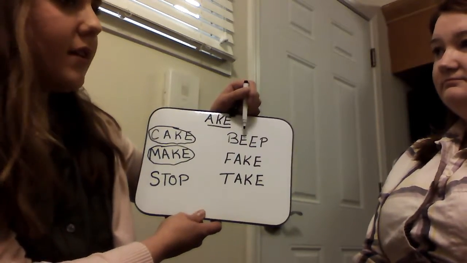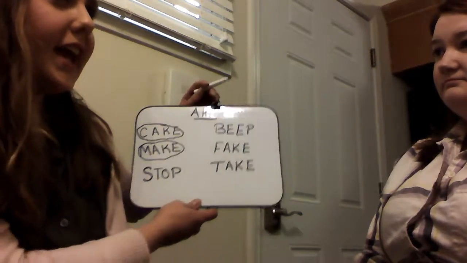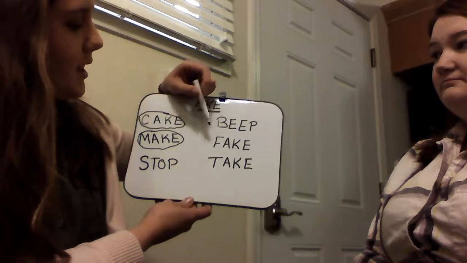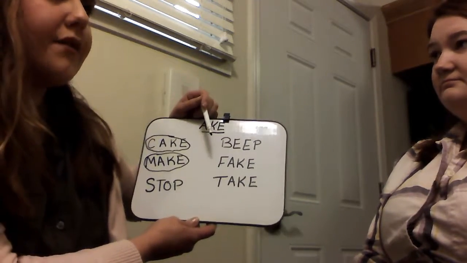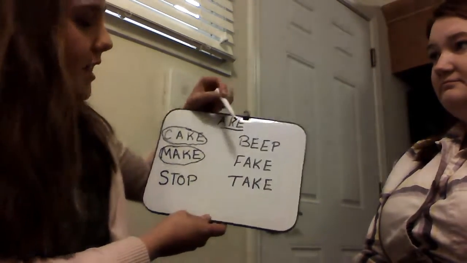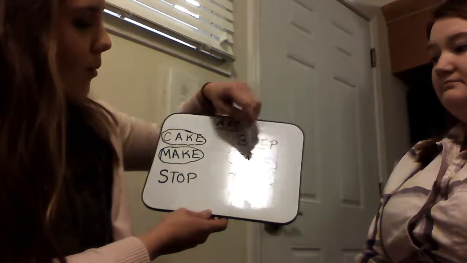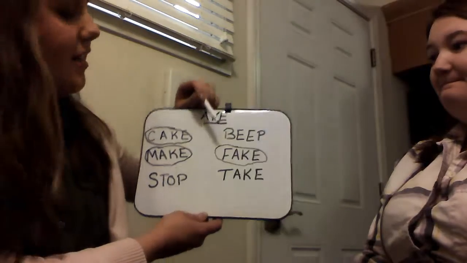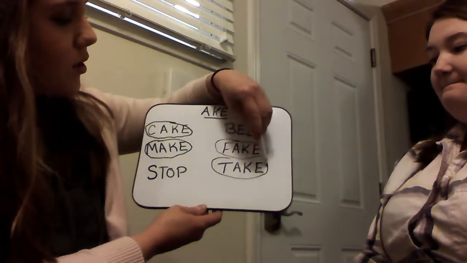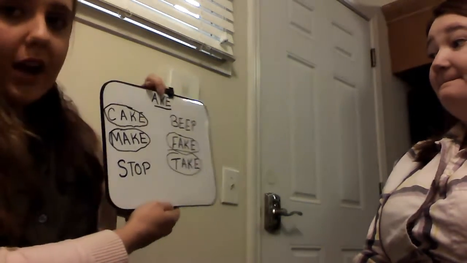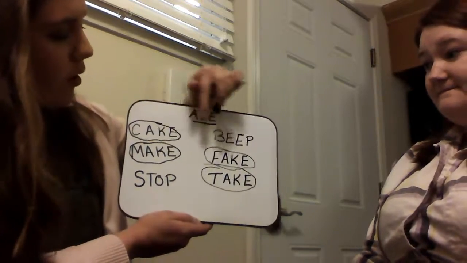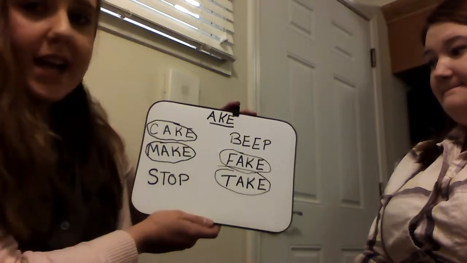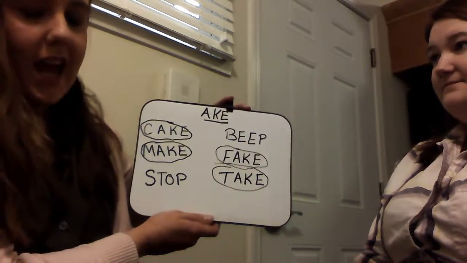Beep. Does beep sound like AKE? Ache. No. So I'm going to move on to the next one. Fake. Fake, ache. They sound the same, so I'm going to circle that word. Take. Take and ache. They sound the same, so I'm going to circle that word. Now you can see that we found 4 of the words that all sound the same: cake, make, fake, and take.